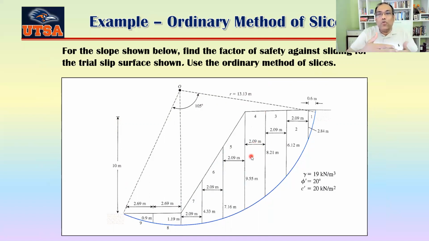In the other side it's 1, so the area and volume are basically the same. If you know the unit weight of soil, then you know the W from here. And if you know the alpha here, then you know the distance from here to here, which is basically sine alpha. Now let's move forward.